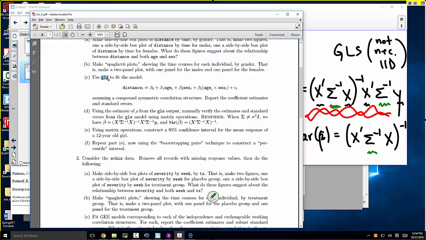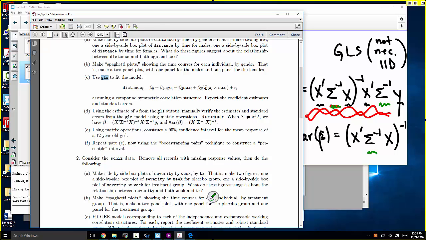So I'm going to ask you to use GLS to fit this regression model. This is just a usual linear regression model where we have a covariate for age, we have a categorical covariate for gender, and we're allowing for an interaction.